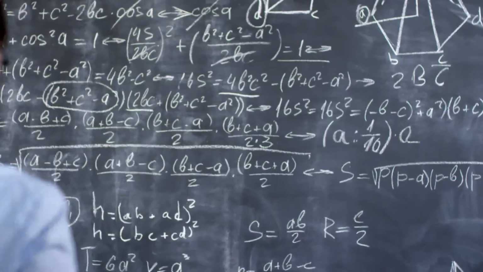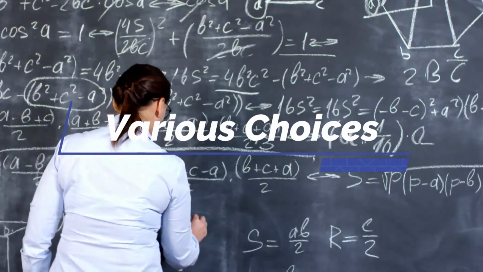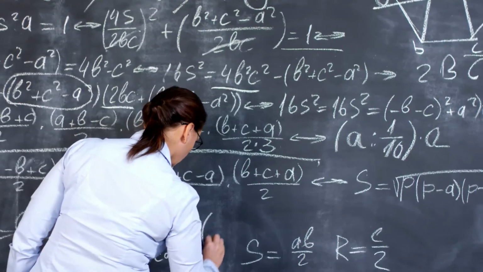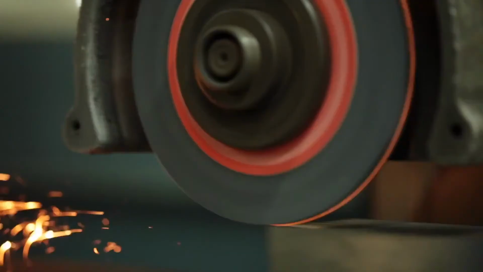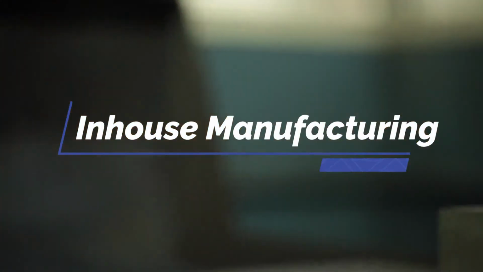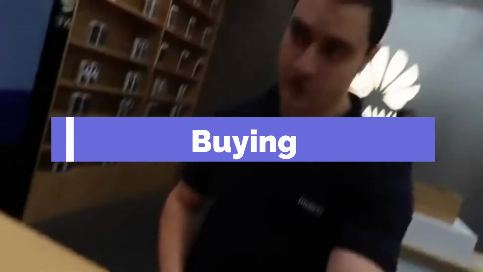Very often, most of the companies will have to make different choices out of available opportunities for the benefit of its owners. So one of the key decisions a company will have to make is whether manufacturing a product or an item in-house is worthwhile or buying a product is worthwhile.